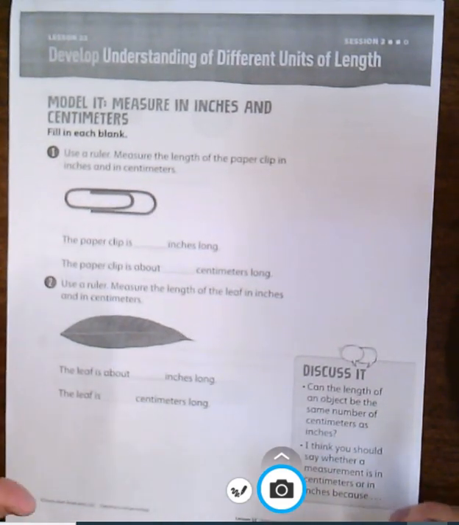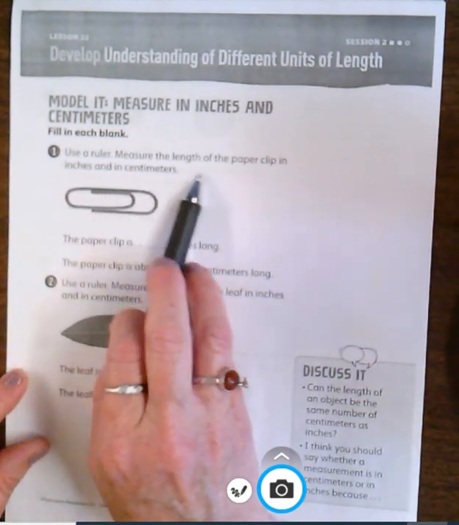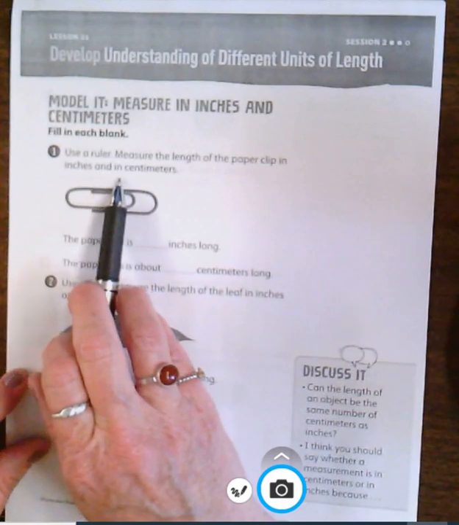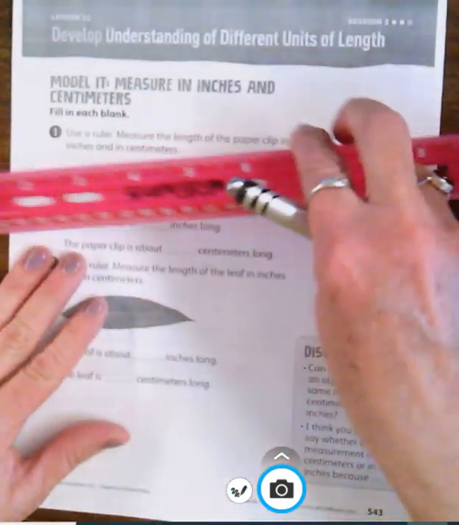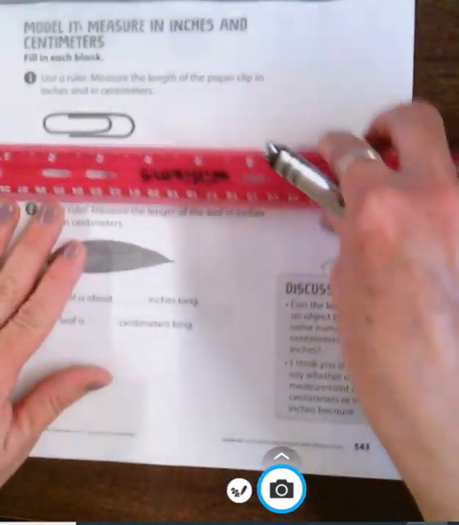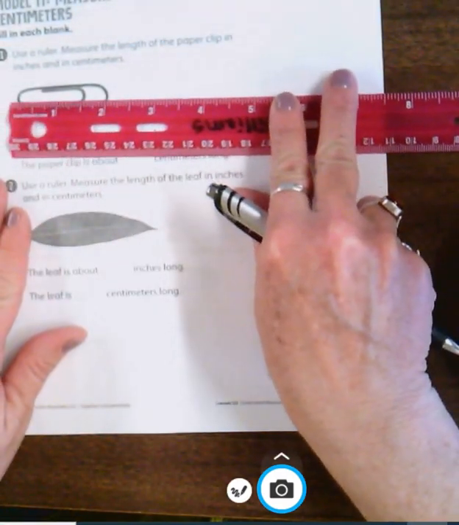Okay, now we're on page 543. It says, use a ruler, measure the length of the paper clip in inches and in centimeters. Here's our ruler. This is getting easy because we've had lots of practice. Okay, let's move that up. All right, there we go.